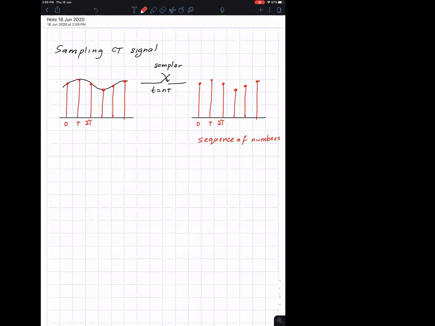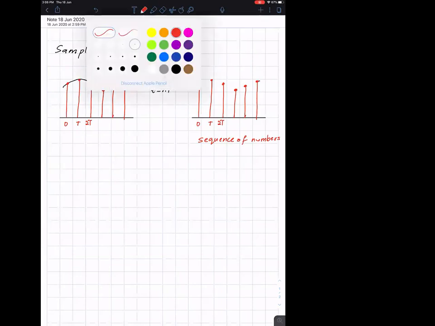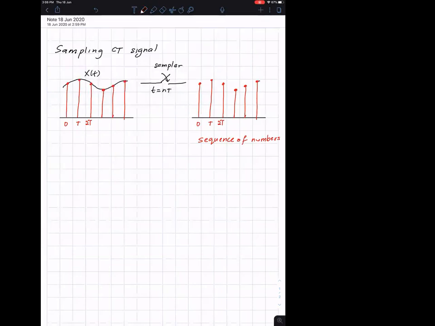The input is, let's say, x(t). The input is a continuous time signal x(t). After it is sampled, you're going to get a discrete time signal x[n], which is equal to x(nT). n is an integer and T is a specific interval.